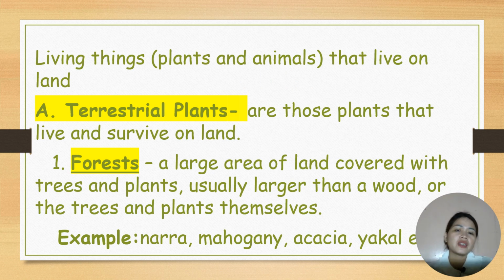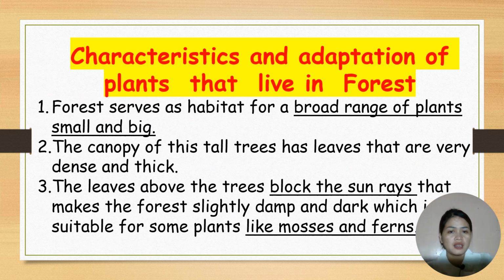So here, living things on land are plants and animals that live on land. We have terrestrial plants. An example of that is the forest. If the trees or any plants live in the forest, let's discover their characteristics.